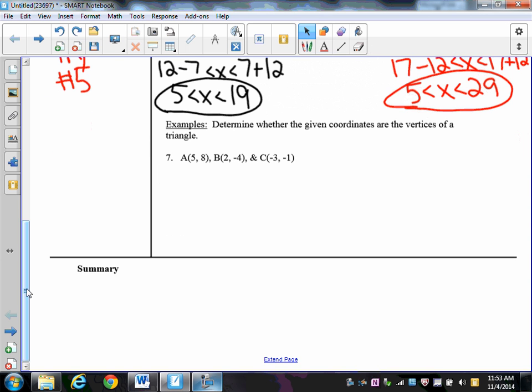The last problem is much easier with a calculator. It says determine whether the given coordinates are the vertices of a triangle. So you should remember the vertices are the endpoints of a triangle. In order to do this, you need to use the distance formula.